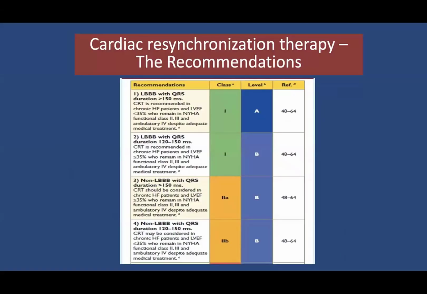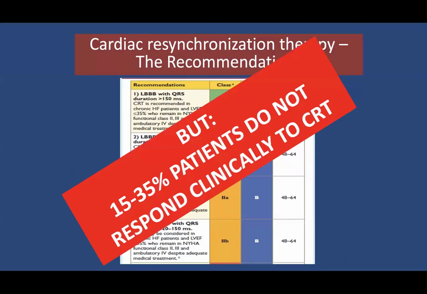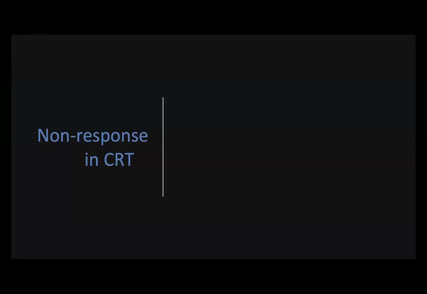We've discussed the guidelines, and we also discussed the fact that up to 30% of patients do not respond clinically to resynchronization therapy. So I want to talk about non-response in CRT, and we'll talk about how these devices are set up to try and minimize non-response in resynchronization. The first reason for non-response, of course, is that the patient doesn't have sufficient synchrony.